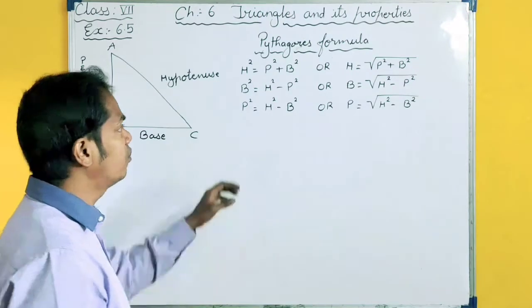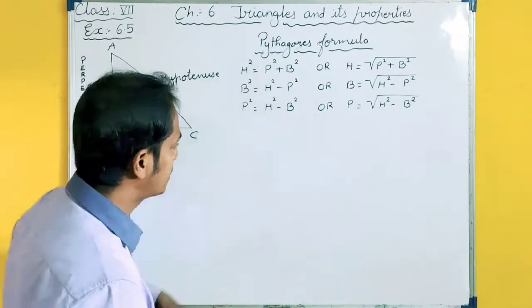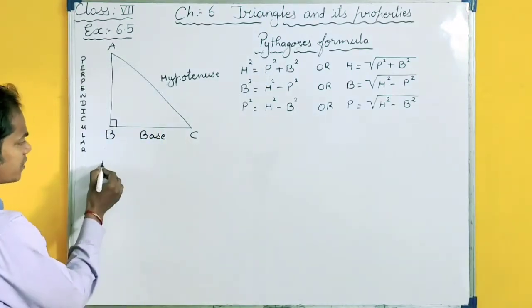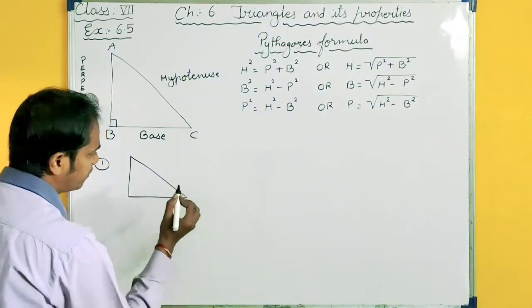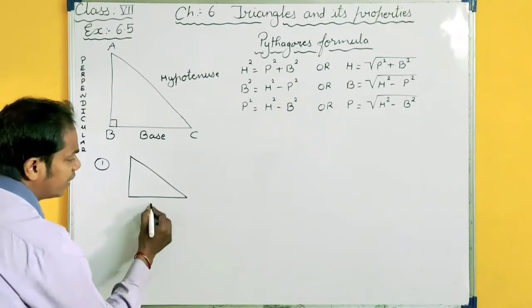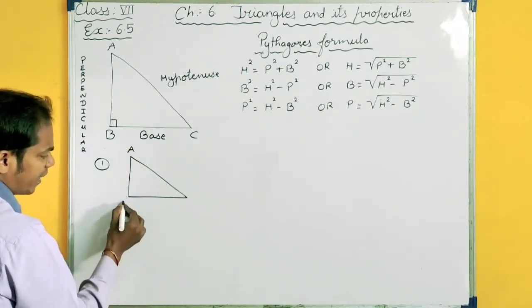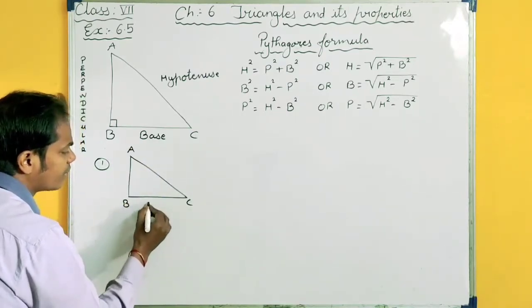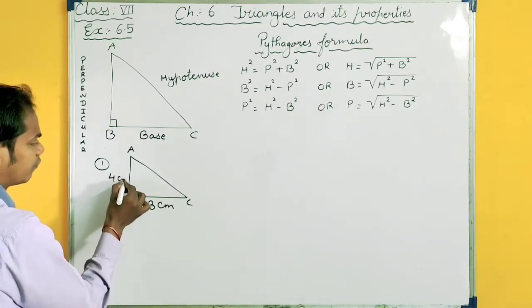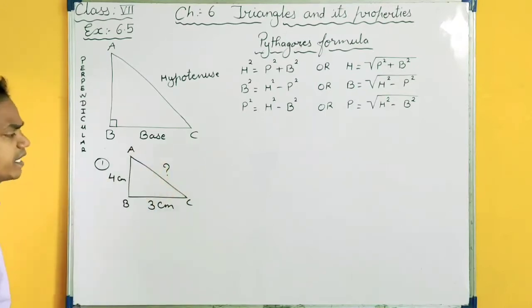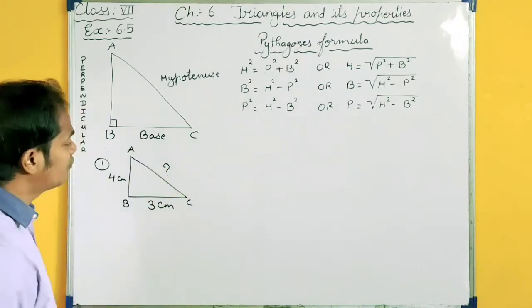Now I will explain you three questions on the basis of these three formulas. Suppose I have taken one right angle triangle. You can mark anything. For example, here I am taking 3 centimeter, 4 centimeter, and this is missing. This you have to find. So how will you find this?